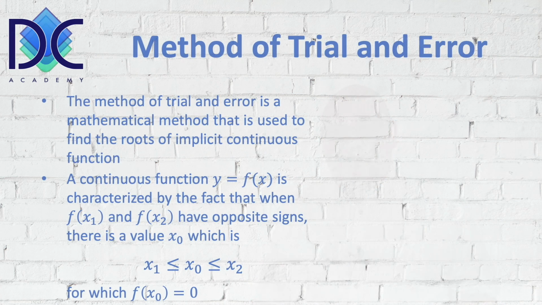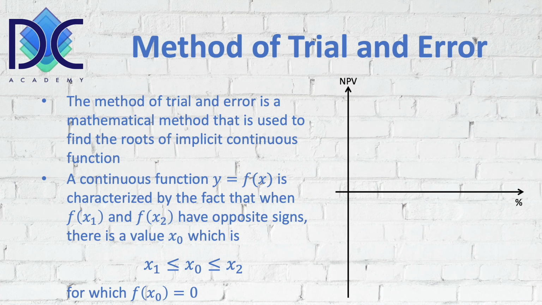Now, luckily, we have, in fact, also Excel. But let's have a first look at the method of trial and error. The method of trial and error is a mathematical method where we have a continuous function. And a continuous function has a very specific property.